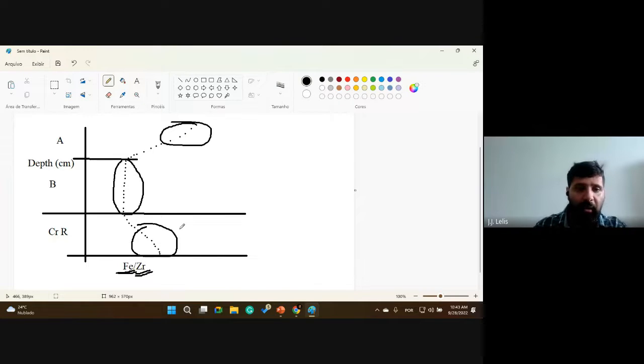But I have to compare the chemical composition of the surface horizon, the A horizon, and the subsurface horizon, or the parent material. So I can say, okay, this material is an overlying material that is not the same as here, or could be the same, but just did not suffer glaciation in the past.